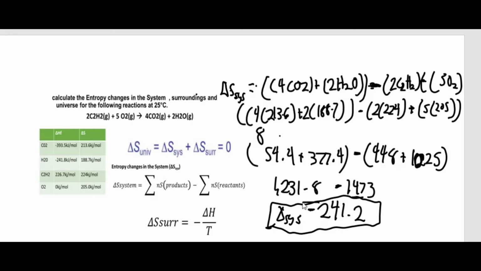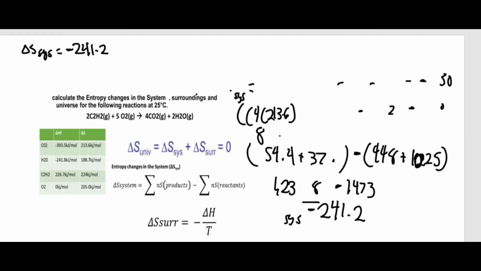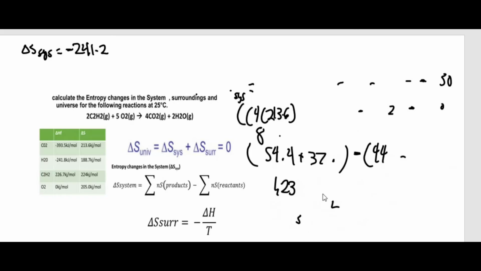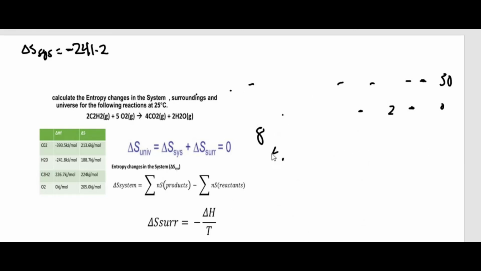Now let's save this for later. So let's put it here. S system is negative 241.2. Now let's delete this so we can get the S surrounding.